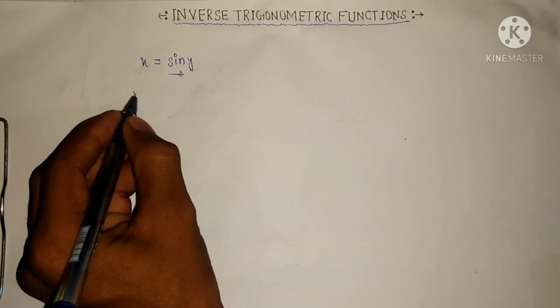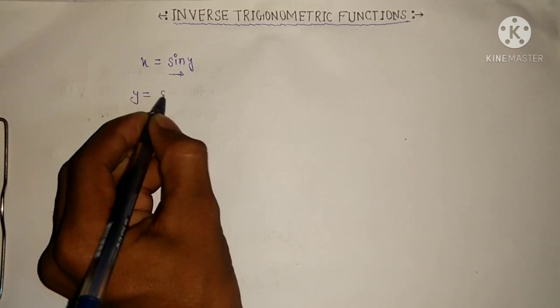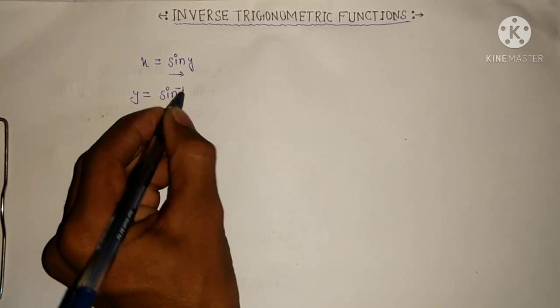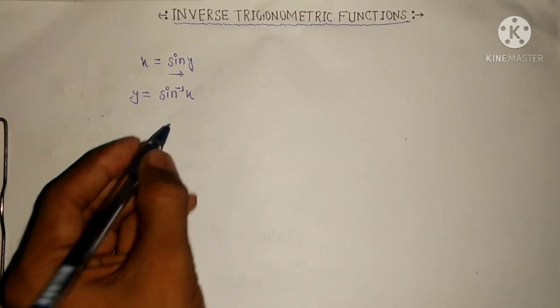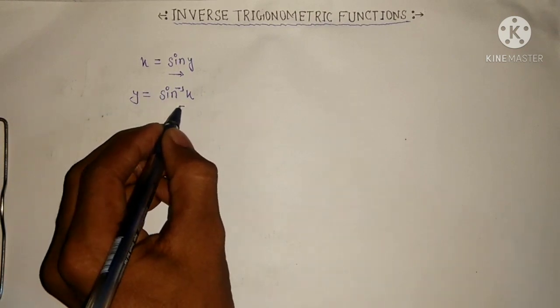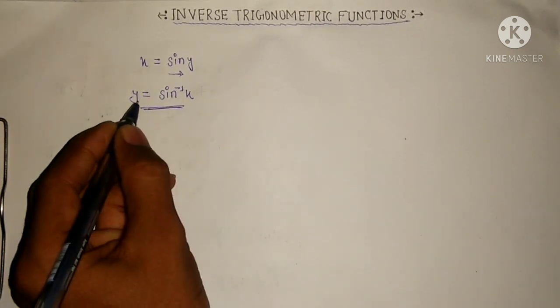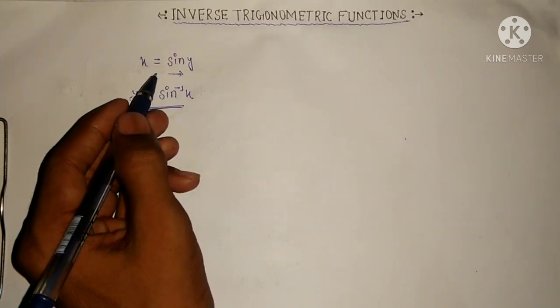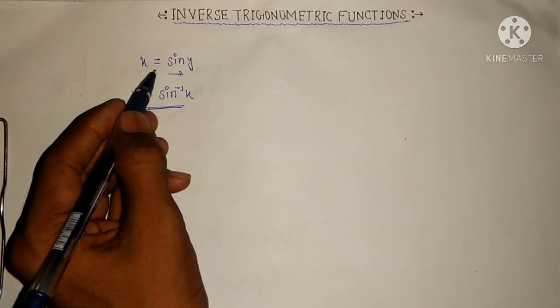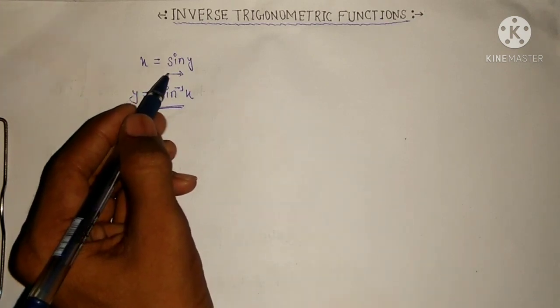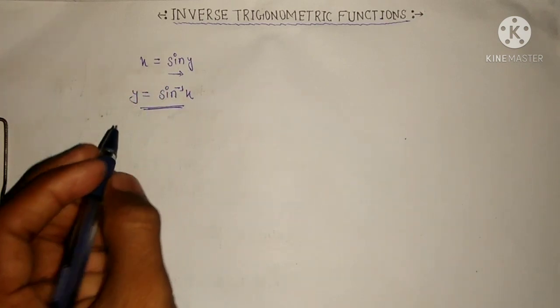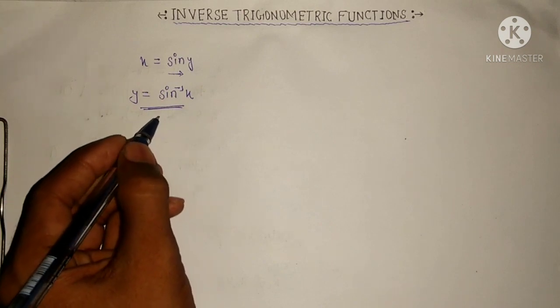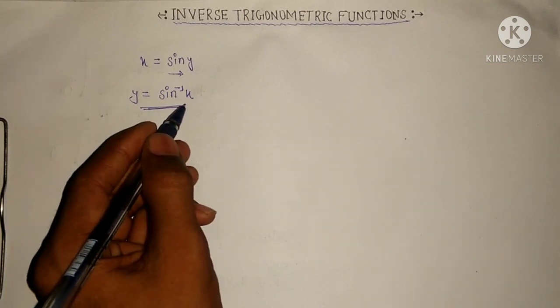You can write this as y is equal to sine inverse x, and if you have y is equal to sine inverse x, then you change it into the trigonometric function, which is x is equal to sine y. This is read as sine inverse x.